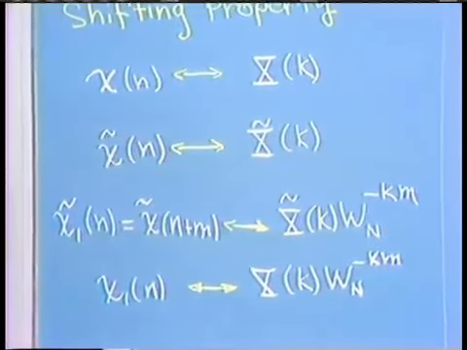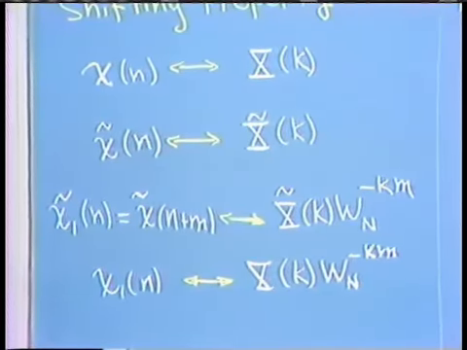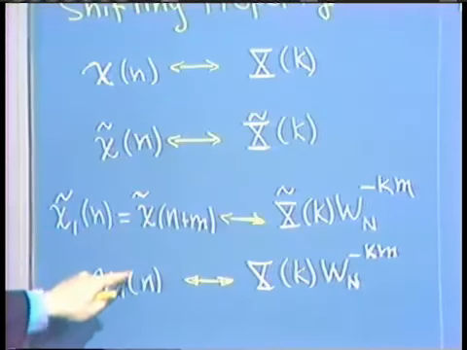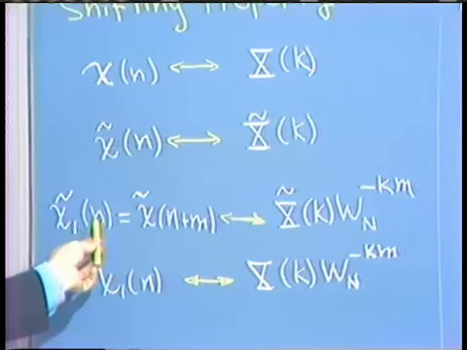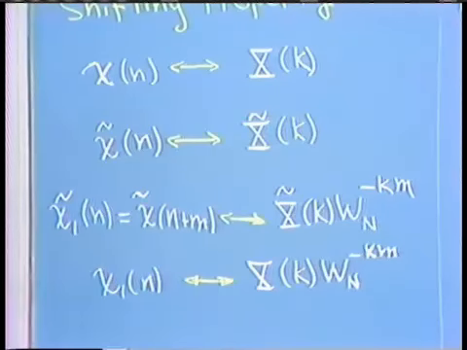So the shifting property that we want to introduce then for the discrete Fourier transform corresponds to shifting x of n in such a way that it corresponds to extracting one period of the shifted periodic sequence x tilde of n.